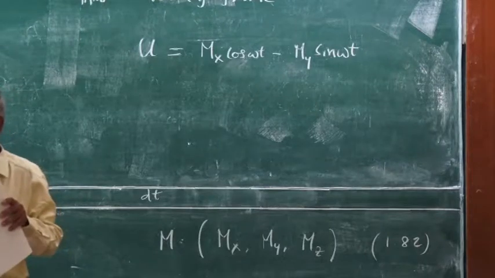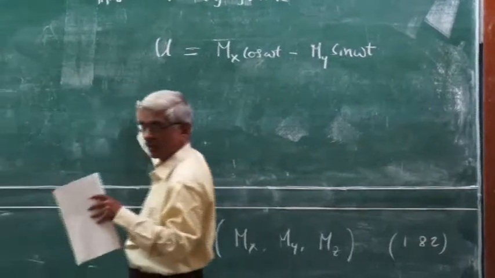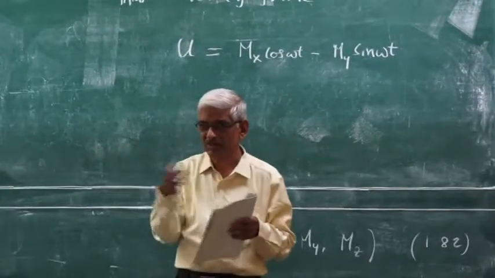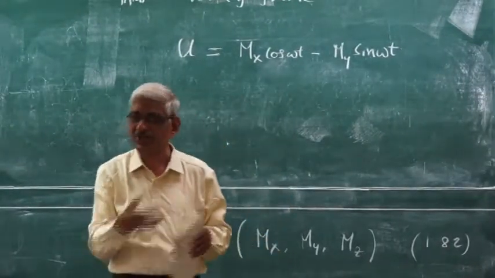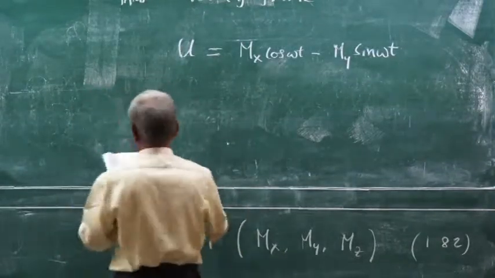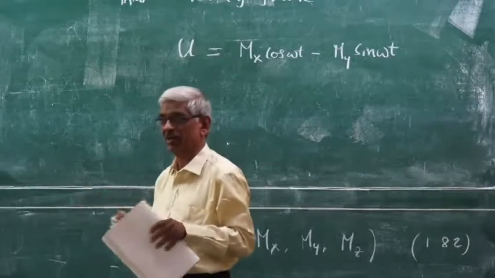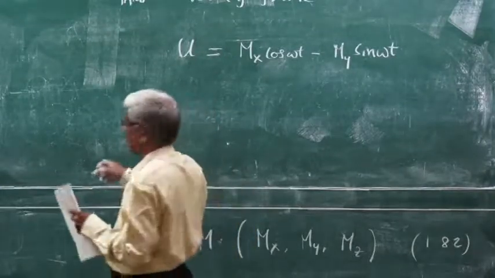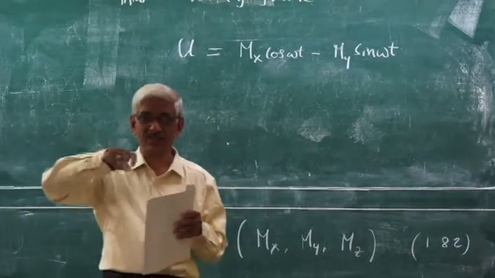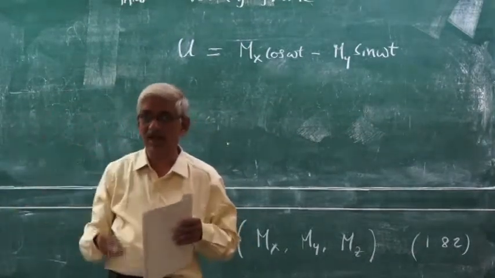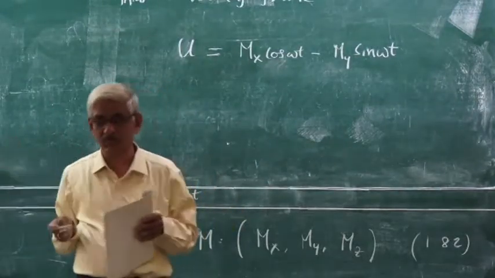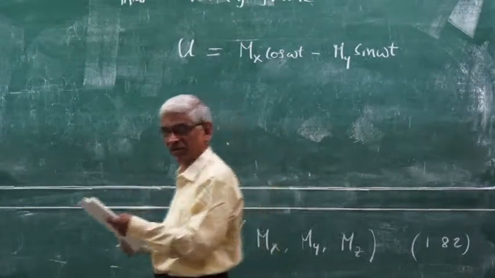This is just that only. See, coordinate transformation. You must have done coordinate transformation. This is coordinate transformation, nothing more than that. So this is a separate coordinate you're defining. Yes, exactly. So U is along X in the rotating frame. So there is the new X, or you call it X prime, and then you have the Y prime. So U is along the X prime, V is along Y prime.